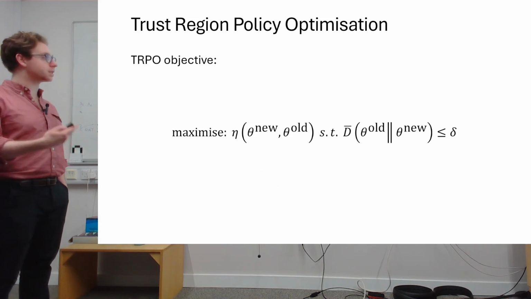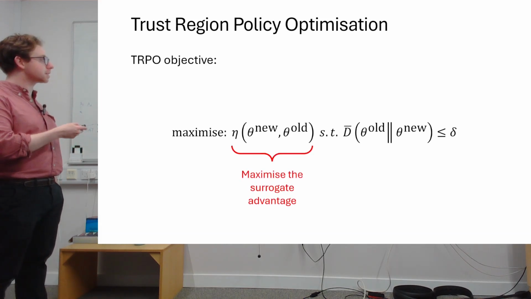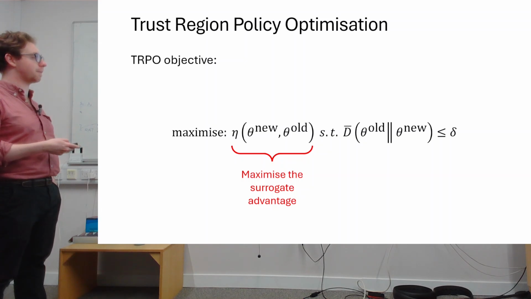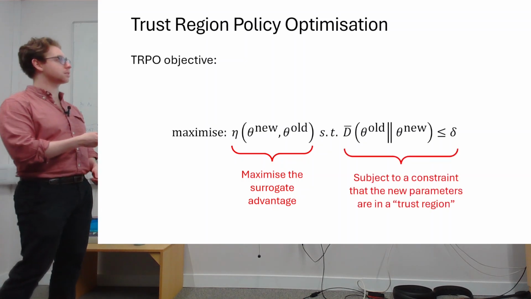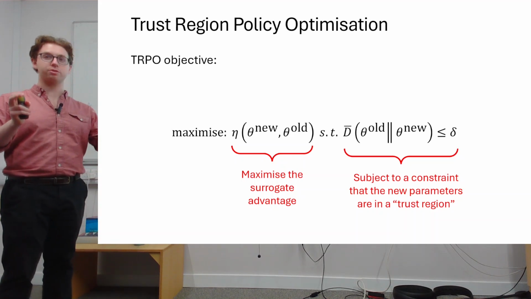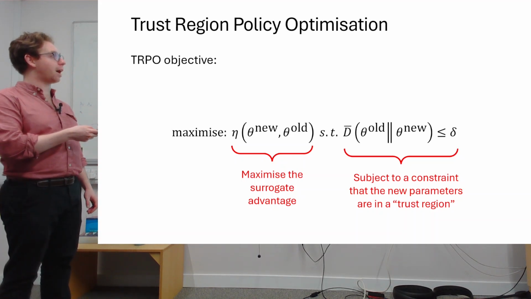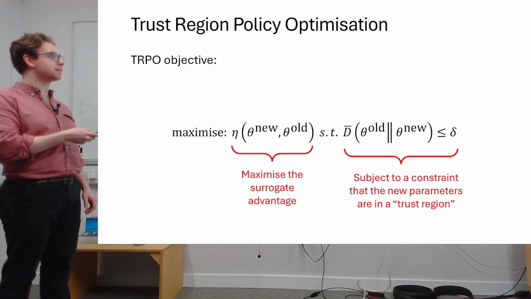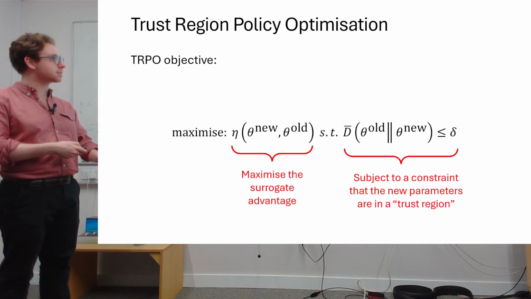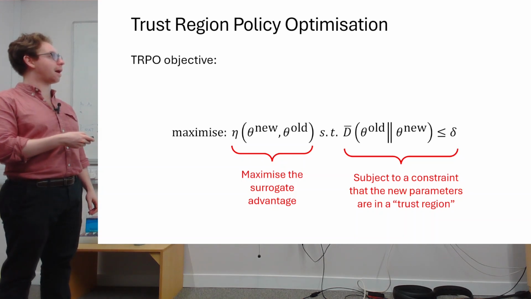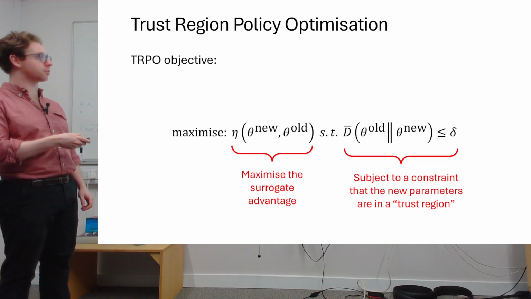Right? So how do we interpret this? We're trying to maximize the surrogate advantage, this is our objective, subject to the constraint that the new parameters, theta new, are in a trust region around the old parameters. This is a distance metric, and this defines a sort of ball in parameter space, and we want to maximize this objective within that ball.